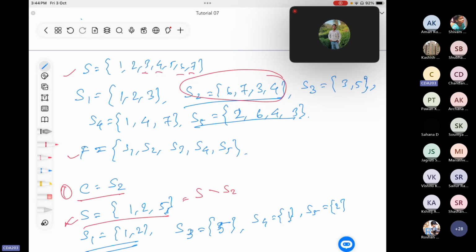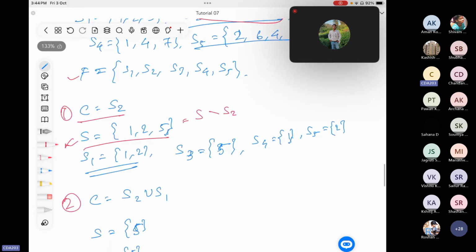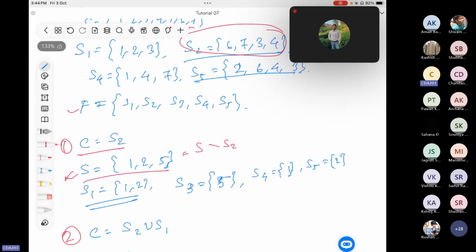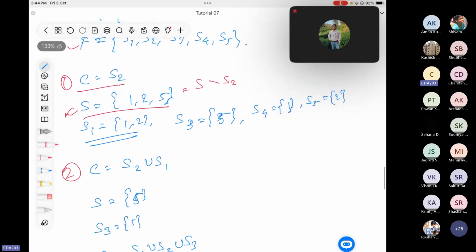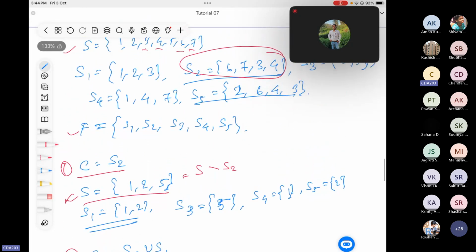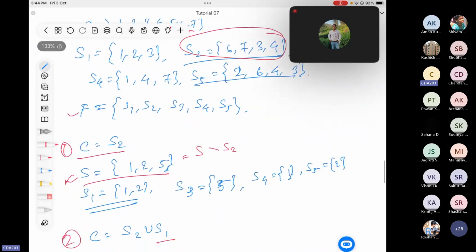Now, similarly, we updated this one also. These are like S1 minus S2, S3 minus S2. And similarly, after we have chosen S1 in our set, S1 union S2, if you look at S1 union S2, the only element left is 5.